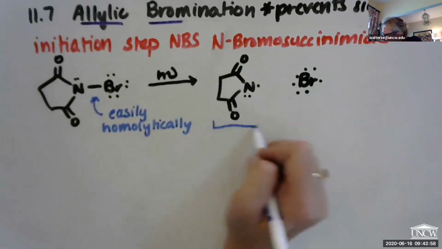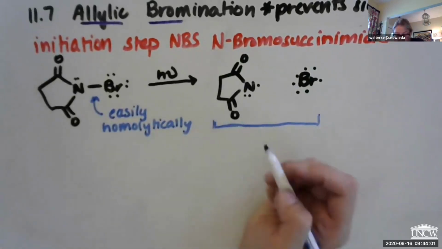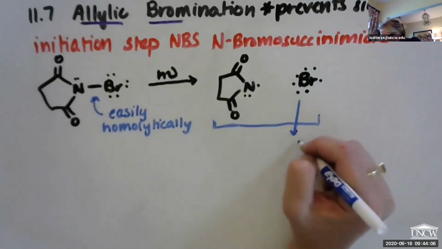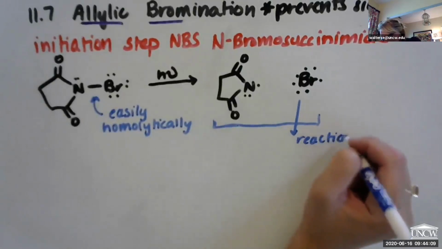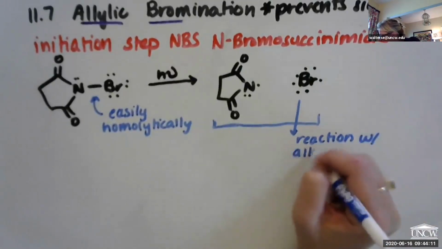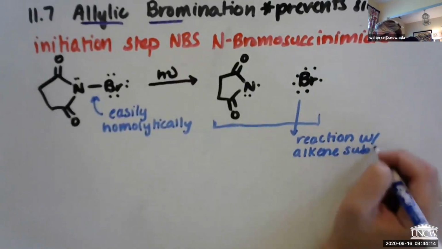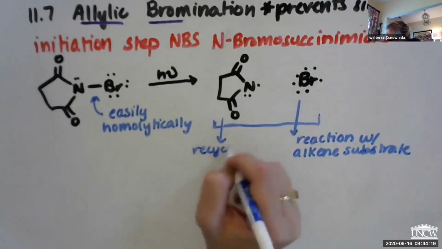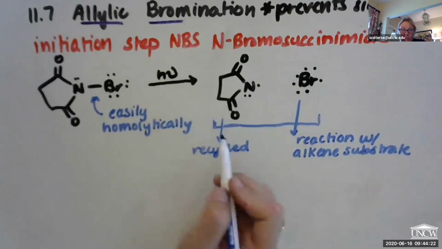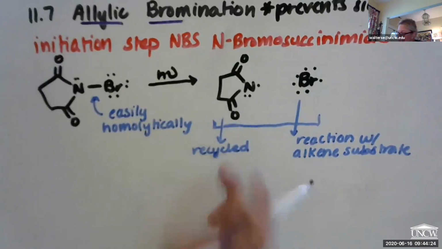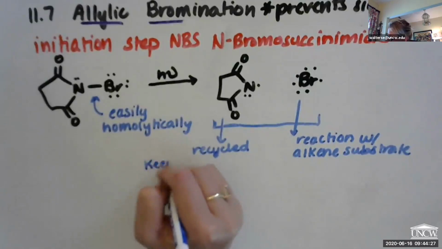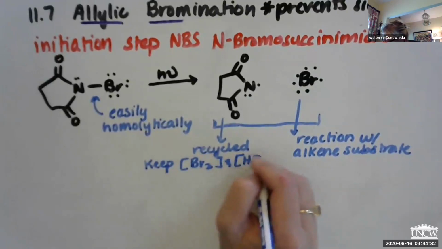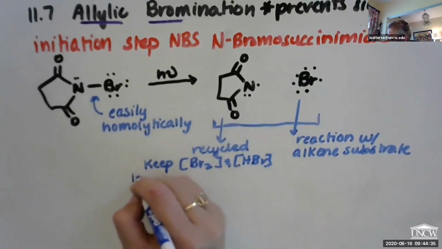And these products go on to do 2 things. Okay, so this one is going to perform a reaction with your alkene substrate. And this part is going to end up getting recycled. Okay. And the recycle process is going to keep the concentration of bromine and HBr low.